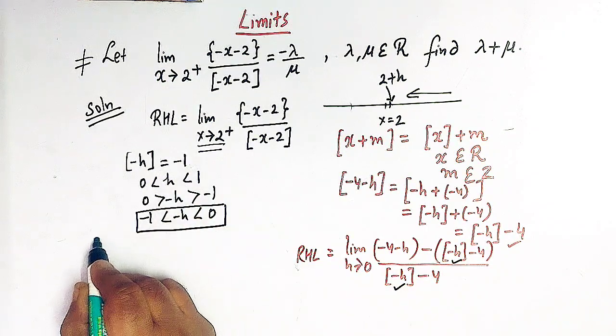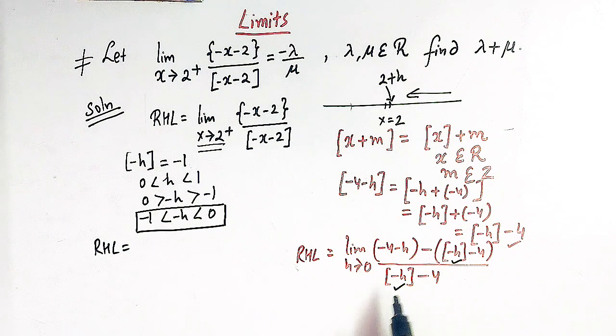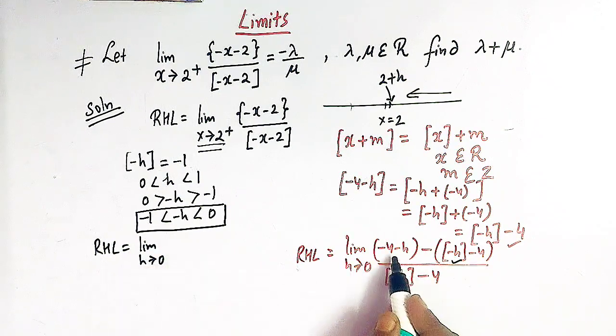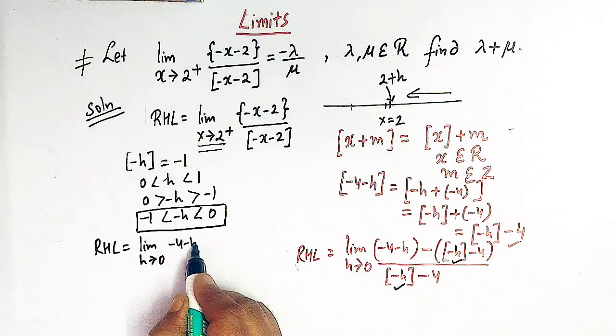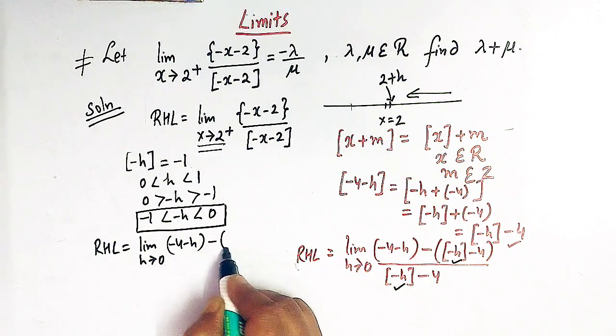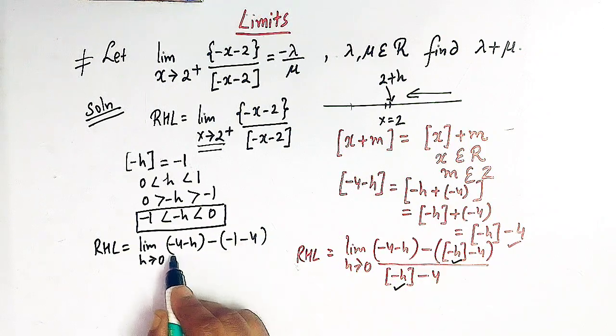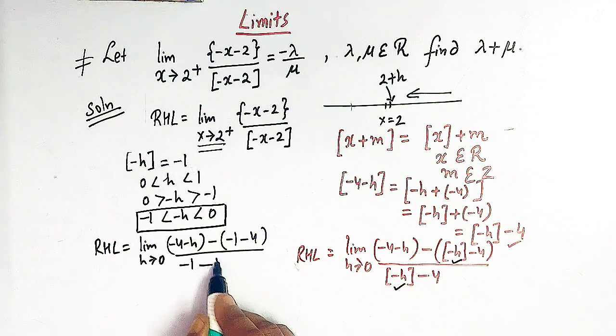So our limit is equal to the limit as h tends to 0. Here we have minus 4 minus h, then minus of the greatest integer minus 1 minus 4, and in the denominator minus 1 and minus 4.